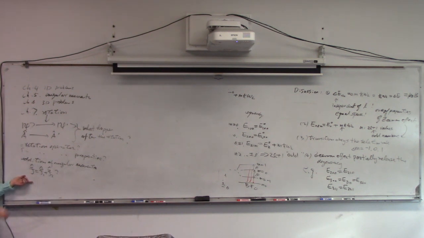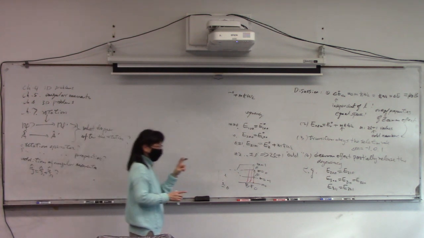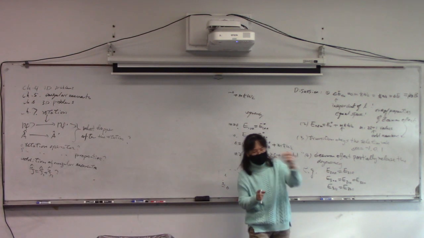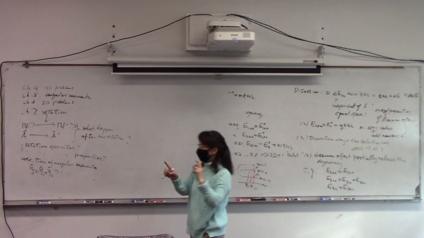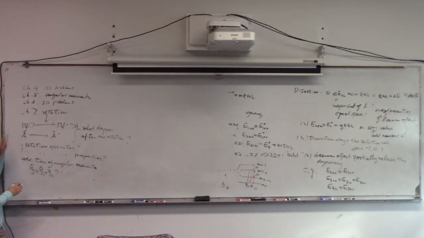What kind of properties? That is more important. I remember one time you asked about the CG coefficient, right? For this case, there are two types of joint eigenstates, and depending on which one you switch to another one, there's a CG coefficient. So that discussion is the second part of this chapter.